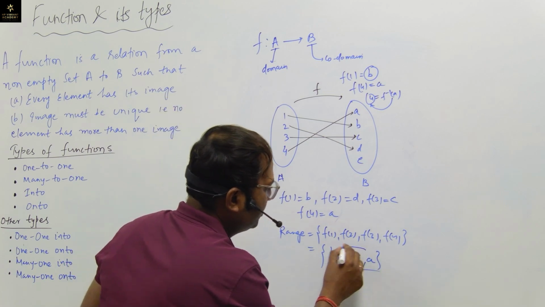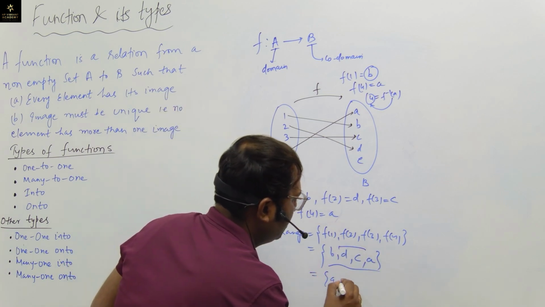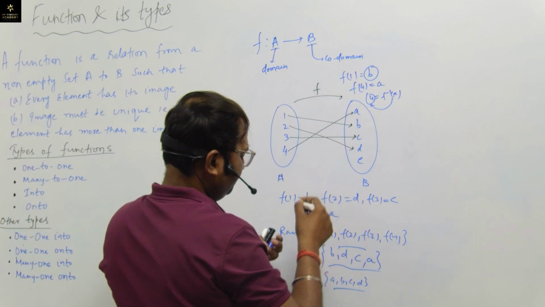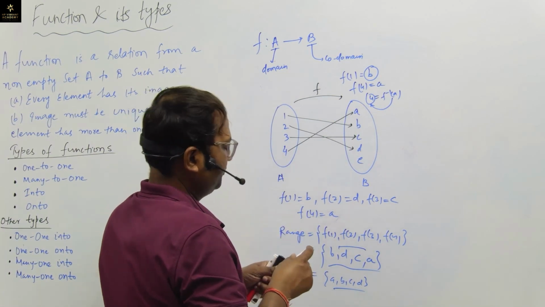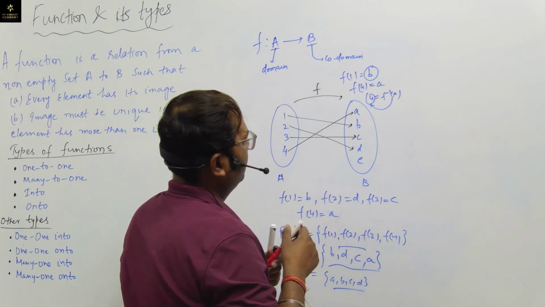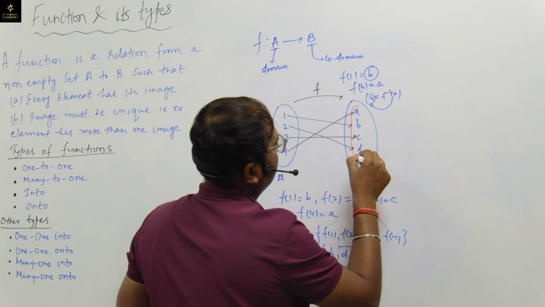We can rearrange this, so this is equal to a, b, c and d. This set is our range, that is a, b, c, d.